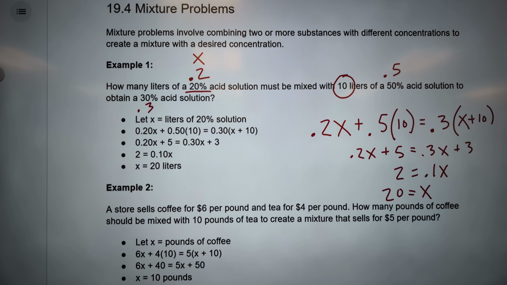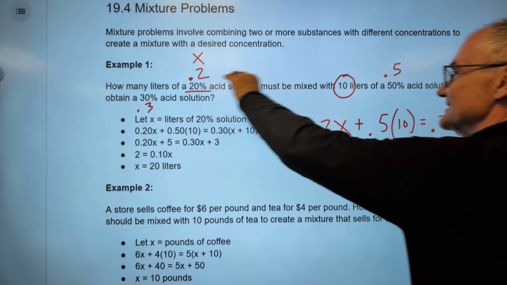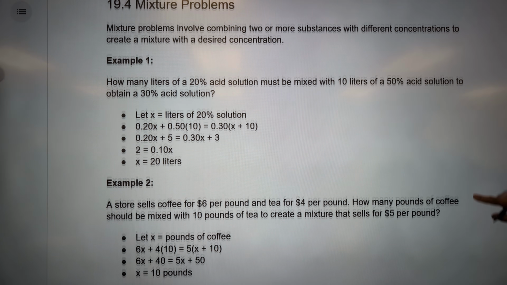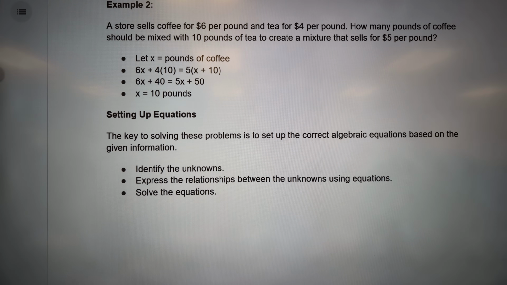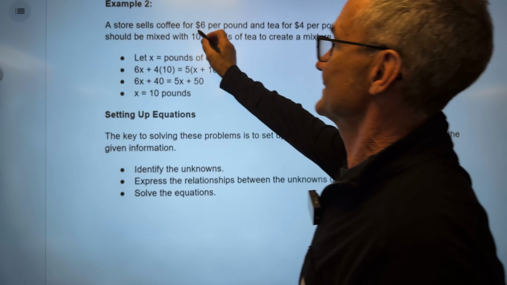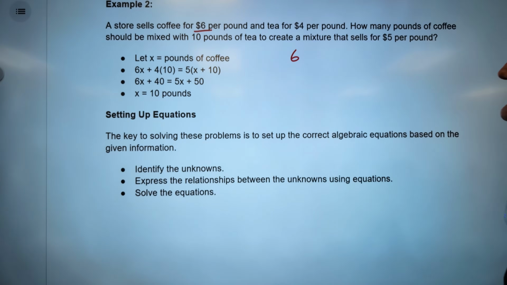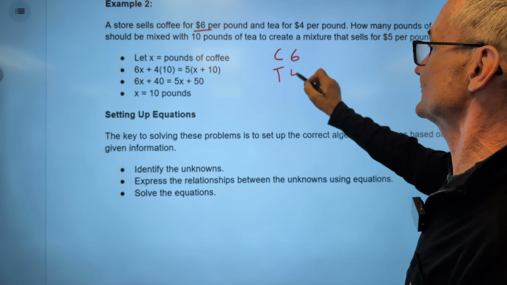These are hard, and really the hard part is converting the sentence to the equation. Once you have that equation, you just solve it. For example, you've got to look for keywords. I am selling coffee for $6 per pound and tea, so I have coffee for 6, tea for 4.